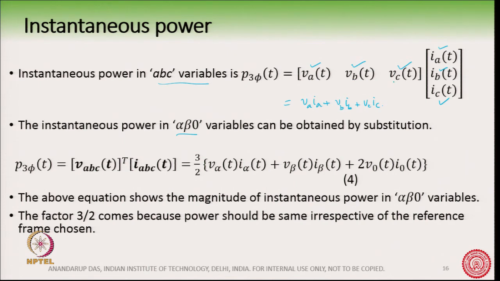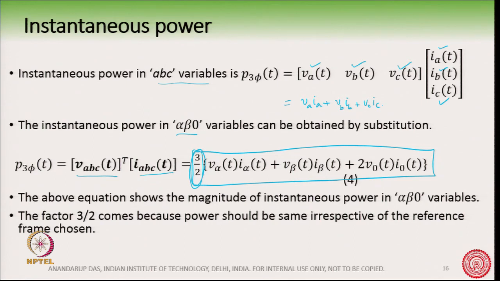We can write VA, VB, VC, which is also a matrix form, transposed, and IABC as the same matrix which we have defined, and then we find that this is the expression of power in the alpha beta 0 variables: V alpha I alpha plus V beta I beta plus 2 times V0 I0, times this 3 by 2.